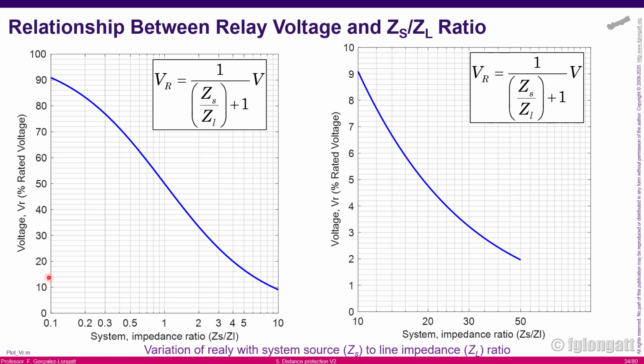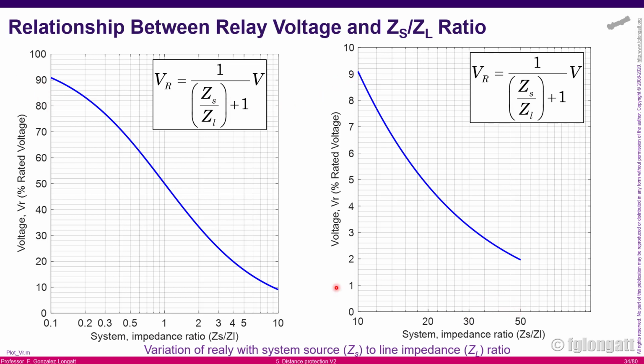What is the idea here? I would like to show you that if the ratio between source impedance and line impedance is very small, the voltage is quite high at the terminals of the relay.